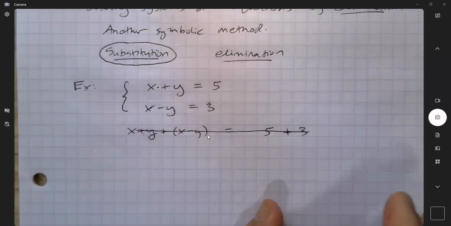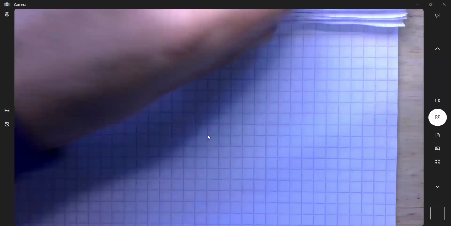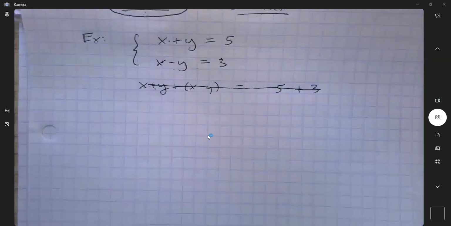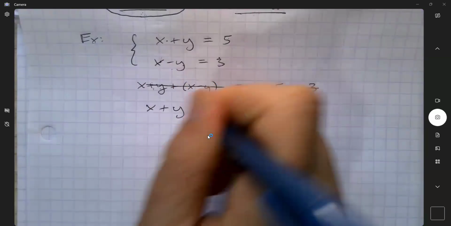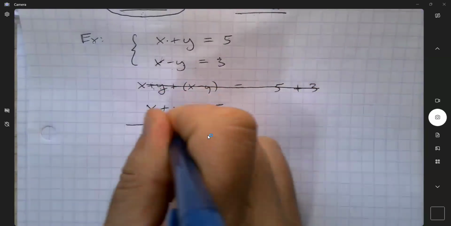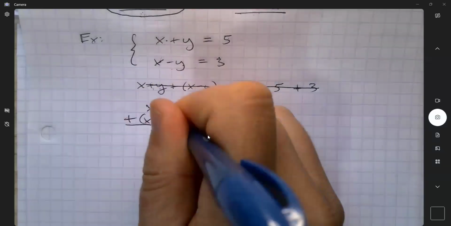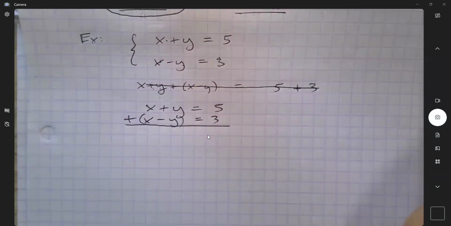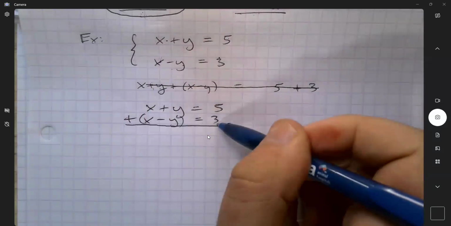So if I'm going to solve this with elimination, I would say I have x plus y equals 5 and x minus y equals 3. And I would just draw a line underneath and put a plus symbol. Put parentheses around there just in case. And what do you get? Well, you just add each of these vertically.